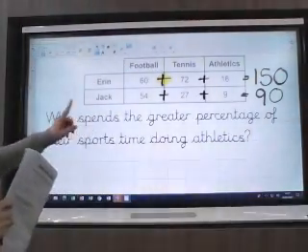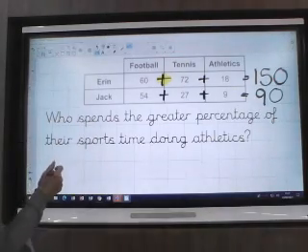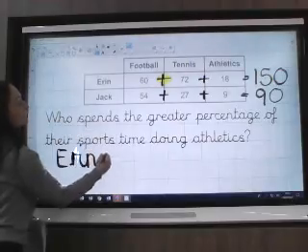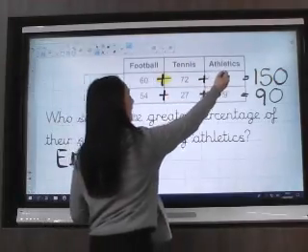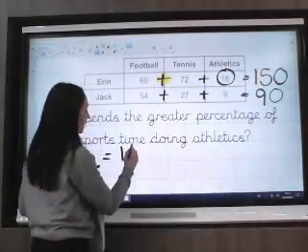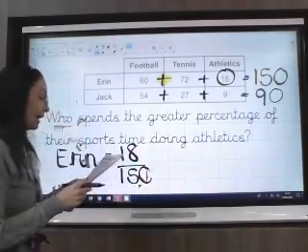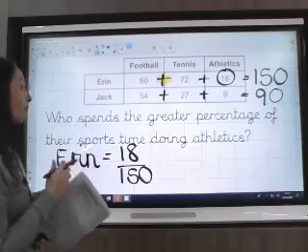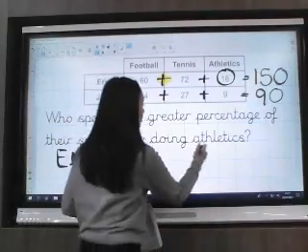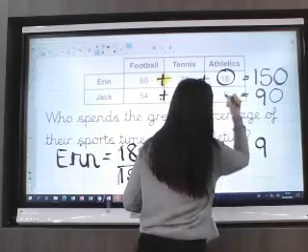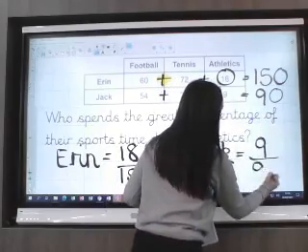So who spends the greatest percentage of their sports time doing athletics? For Erin, you would do 18 over 150. And for Jack, you would do 9 over 90.